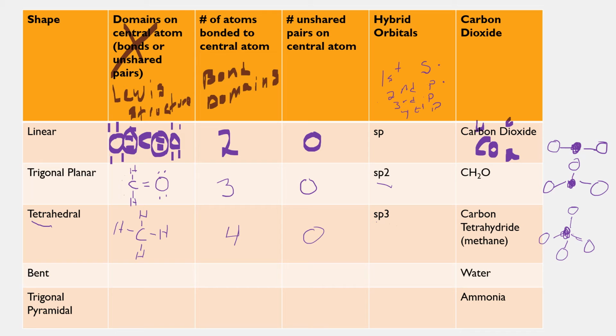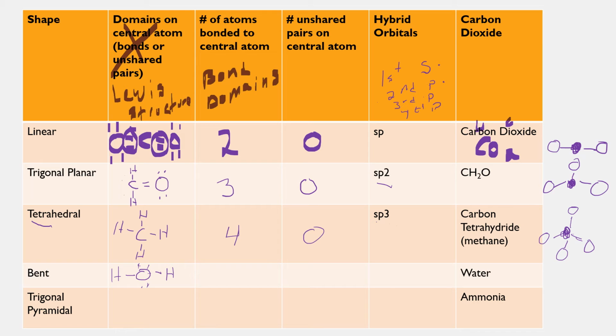All right, we've got water. This is water's Lewis structure. Ugh, it doesn't like me to draw my dots, but I need them. Okay. All right, so those are my dots. They're my unshared pairs.